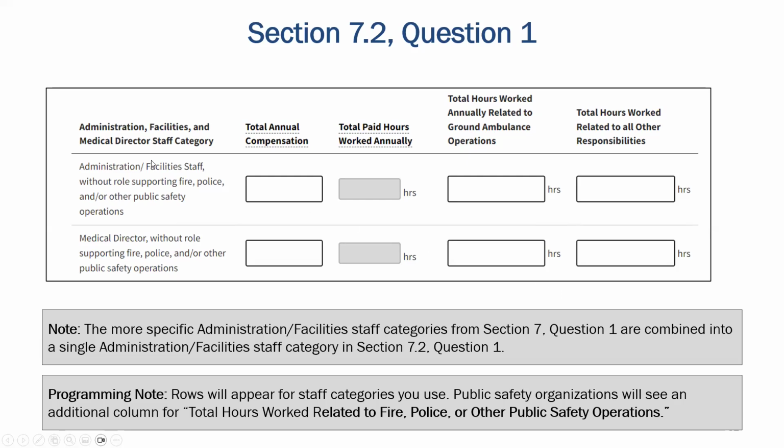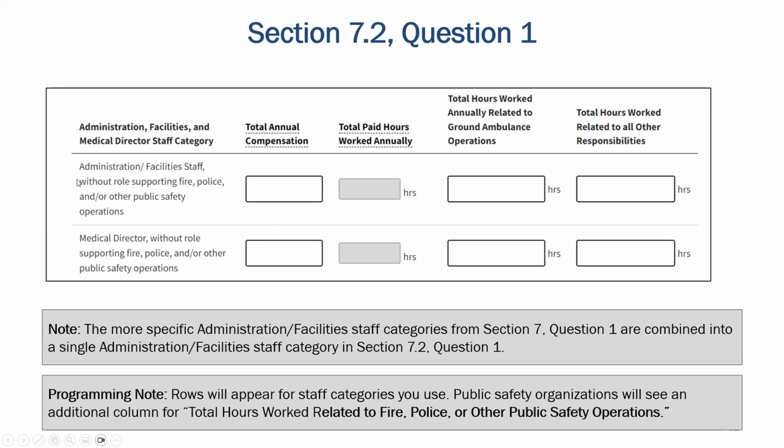One other note before I move on: section 7, question 1, way back at the start of section 7, asks you which categories of staff your organization uses and doesn't use or didn't use during its data collection period. There were a couple of categories for administration and facility staff, like vehicle maintenance, facility maintenance, billing, dispatch, etc. Here, for the purposes of actually reporting total annual compensation and total hours worked, it's just all combined into one category.